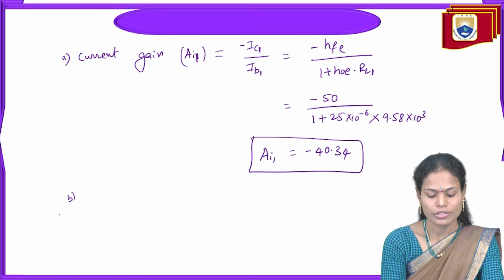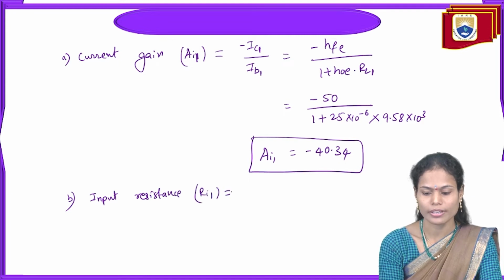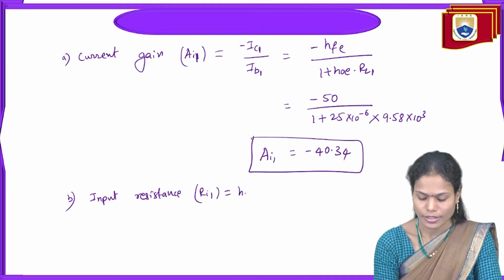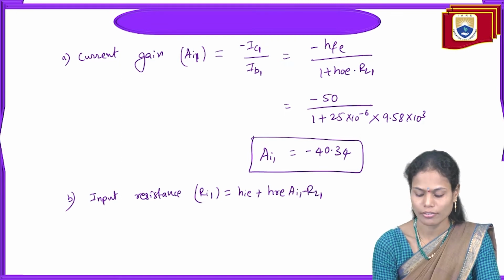And next we need to calculate the input resistance of the first stage. The input resistance RI1 is HIE plus HRE AI1 into RL1.